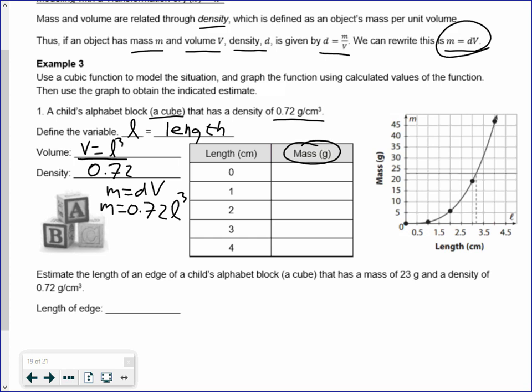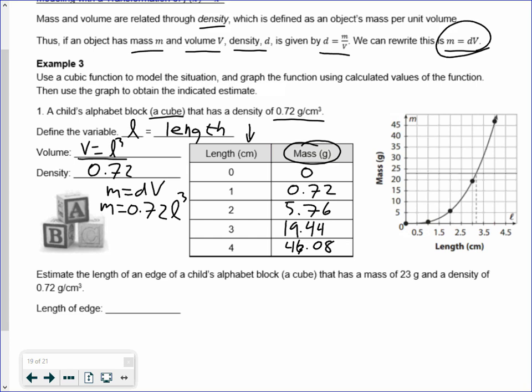And all I'm going to do now is plug in all these L values into that equation, and I get my mass. If you want to pause the video, try doing this yourself. You're just plugging these lengths into the formula to get your new mass. But I'm going to go ahead and list them out. It should be 0, 0.72, 5.76, 19.44, and 46.08.